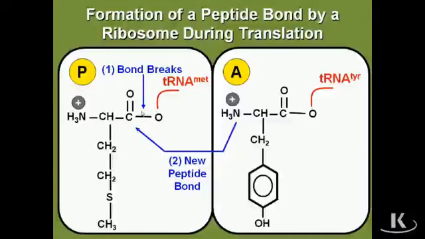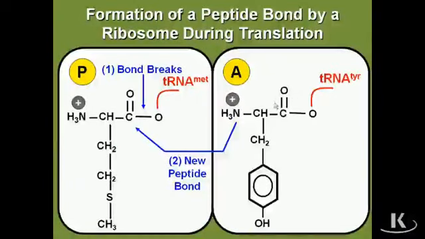So it's the amino acid attached to tRNA in the P site. You see that this is a tRNA that encodes methionine, and it's actually attached to methionine. Along comes a transfer RNA encoding tyrosine, and thankfully, aminoacyl tRNA synthetase has done its job, and it's attached tyrosine to this tRNA.